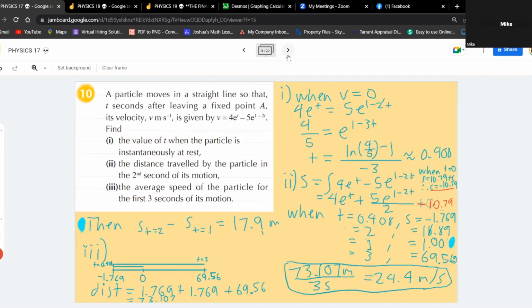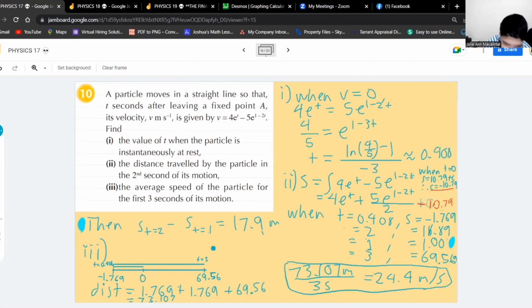So, yung distance is 4e to the t minus 5 e to the 1 minus, absolute value. Okay, tama naman, kasi positive yung velocity. Ibig sabihin, yung s at t equals 2 and s at t equals 1, yung difference niyan, positive yan, automatic. So, tama.